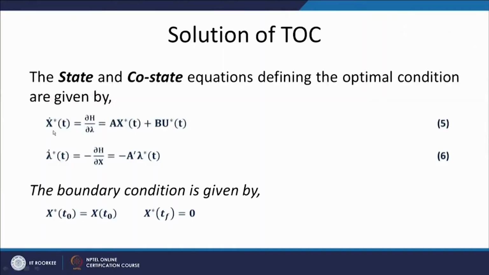What is my state equation? The state equation is x dot(t) equal to del H by del lambda, which is nothing but Ax(t) plus Bu(t).